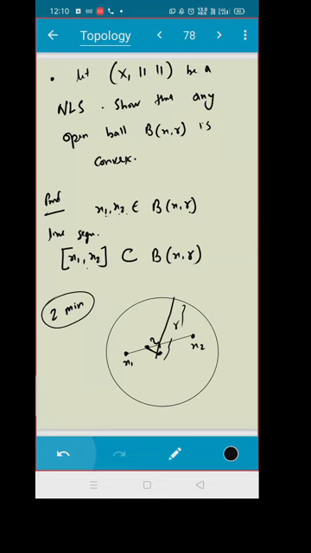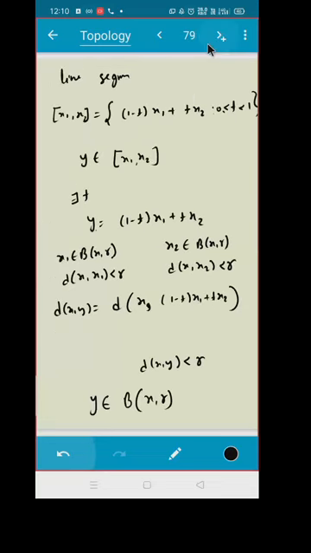So do you understand graphically what you are supposed to do? Yes, sir. Can you complete it now? I have told you actually. Can you see this thing is less than something and that is less than r actually?